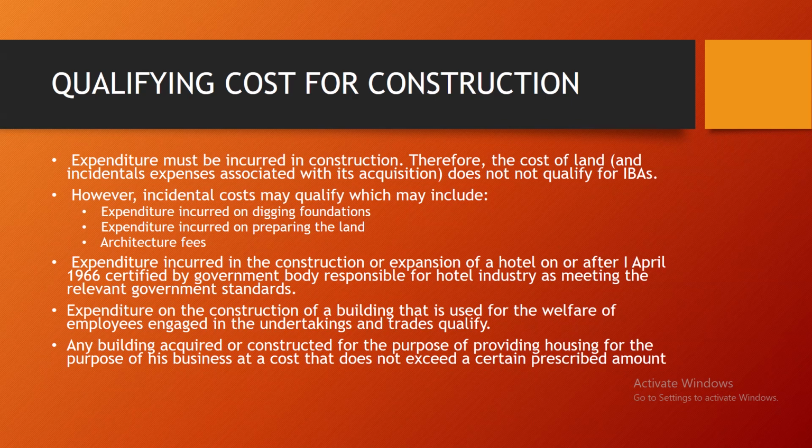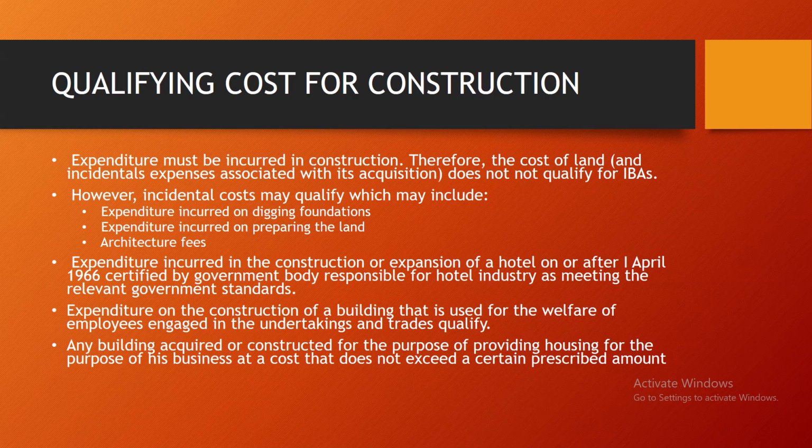Then also, according to the law, the expenditure incurred in the construction or expansion of a hotel on or after 1st April 1966 and certified by the government board responsible for the hotel industry as meeting the relevant government standards is part of the qualifying cost, part of the qualifying asset for industrial building allowances.